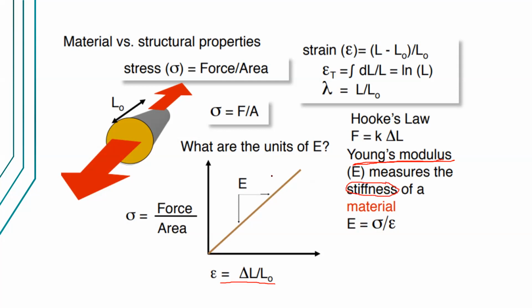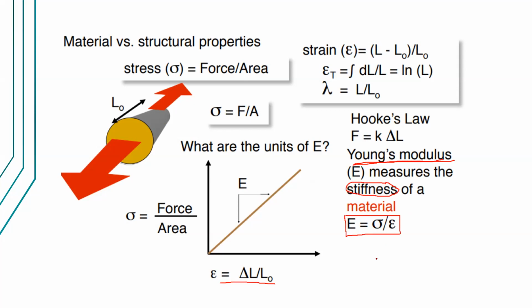So the higher the Young's modulus, the stiffer the material is. In other words, to get the Young's modulus, or sometimes Young's modulus of elasticity, simply divide the stress by the strain: E equals sigma over epsilon.